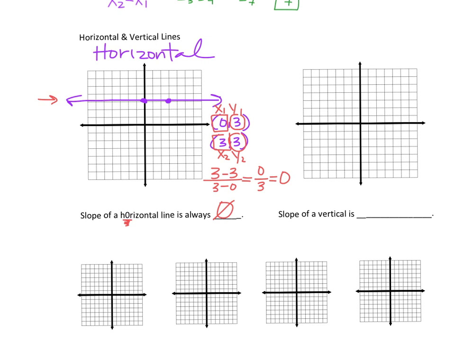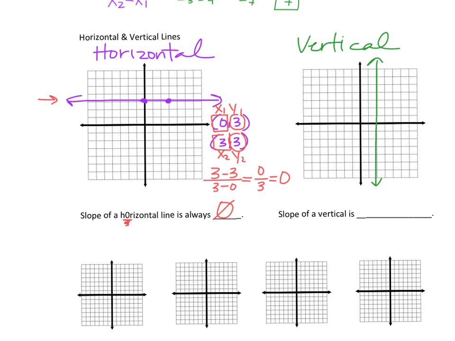So you don't need to do the slope formula. You can just see that's a horizontal line, I know the slope is 0, okay? For a vertical line, it's different. Let's say we go right here.